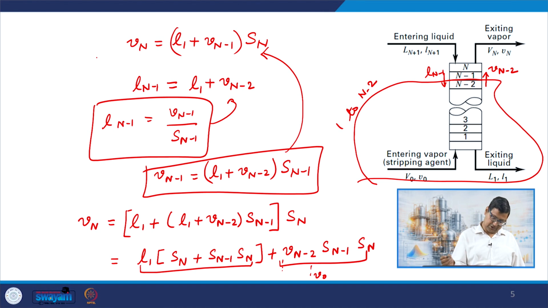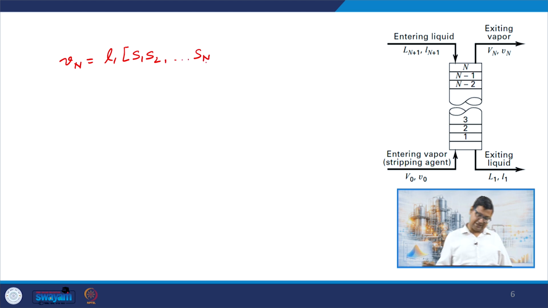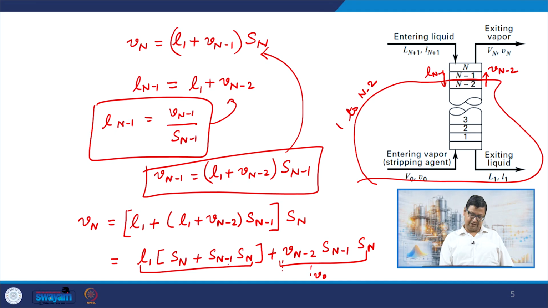Vn is equal to L1 times S1 S2 to Sn, which is going to be the last term. So, we have seen here Sn plus S n minus 1 Sn. If I now substitute for V n minus 2, we will get something like plus S n minus 1 and S n minus 2 Sn and so on.